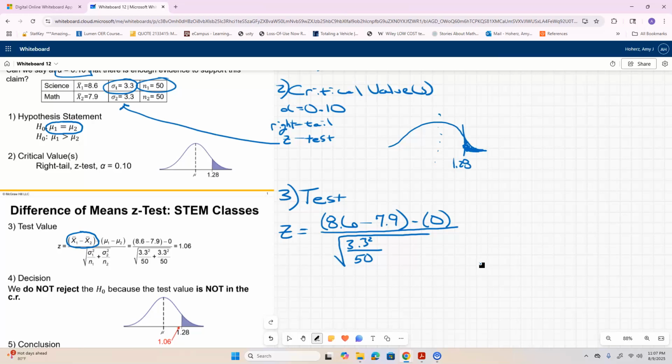Then we're going to add that to the sigma 2 squared, but sigma 2 is the same as sigma 1, so that's 3.3 again. And then our sample size is the same for both samples. These numbers don't have to be the same, but for this problem they happen to be. Okay, so the top is 0.7, and then we're going to get our answer for the bottom and divide the 0.7 by that answer.